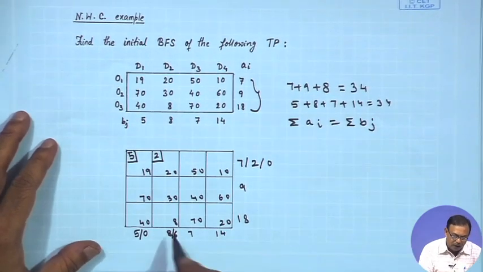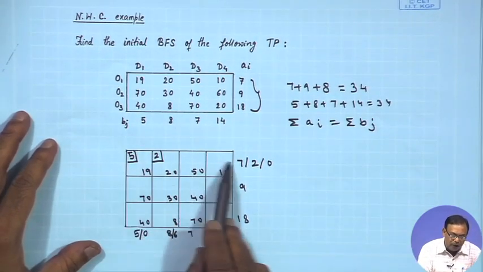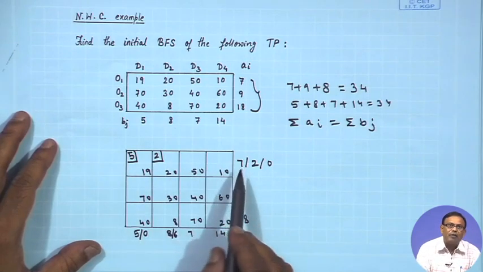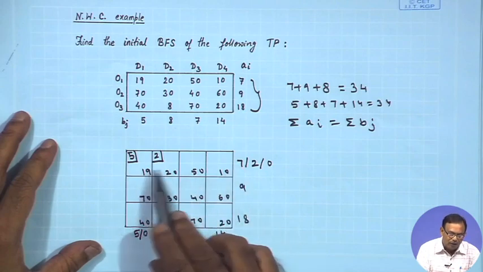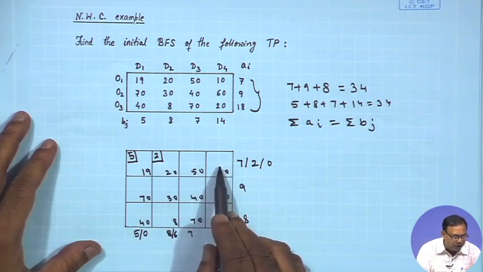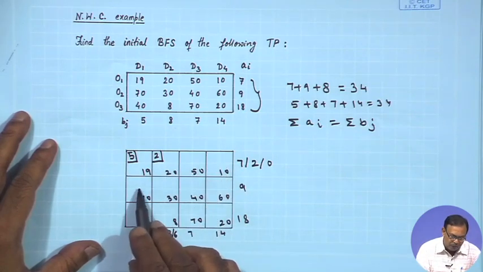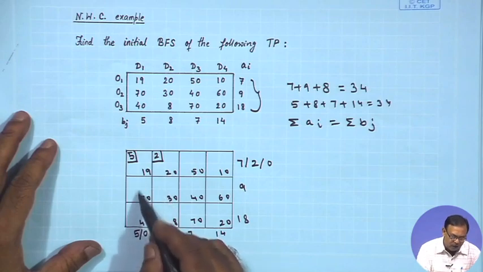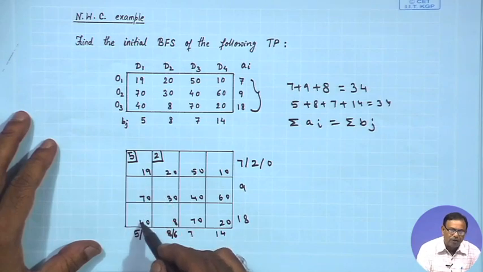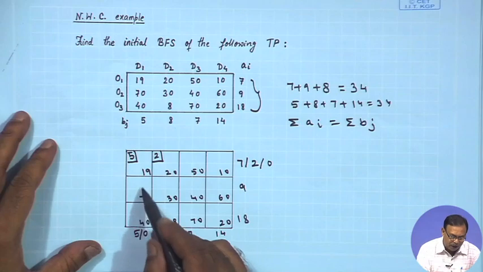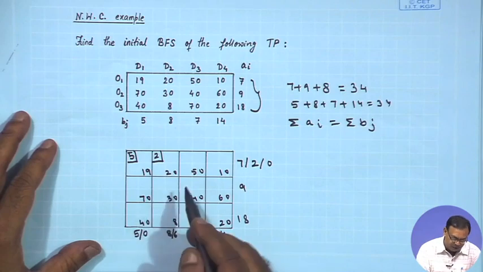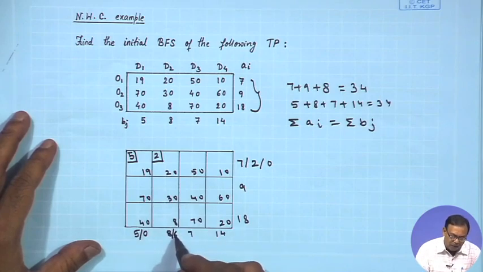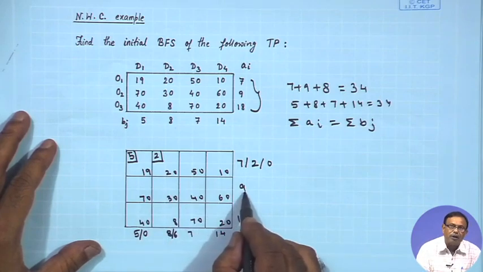Now, you see in this row whatever availability was there, I have already given, 5 and 2. So, forget about this row. Now, come to this row. In this column whatever demand was there, you have already satisfied. So, you do not have to allocate anything in this cell. Here on this cell, now your demand is 6 and availability is 9.